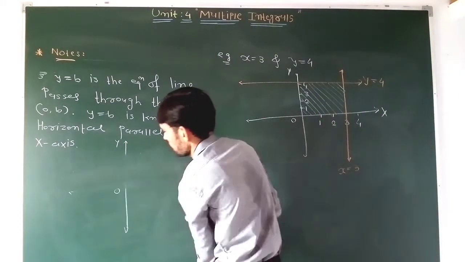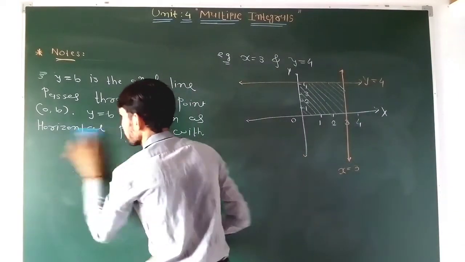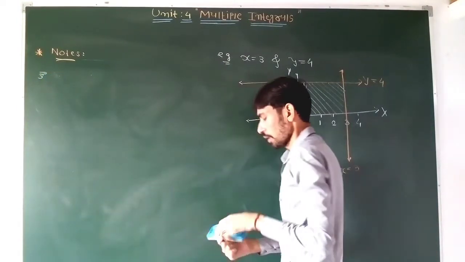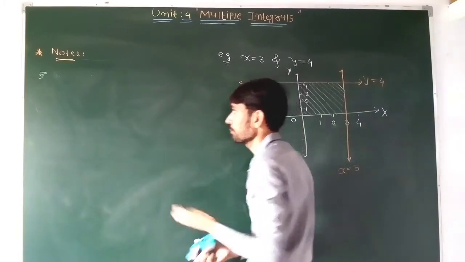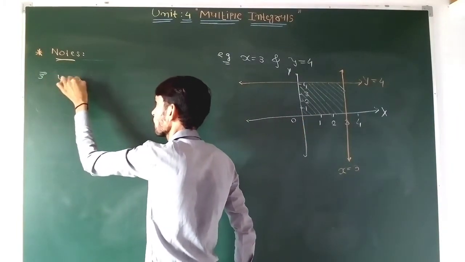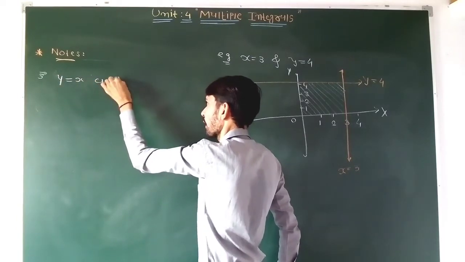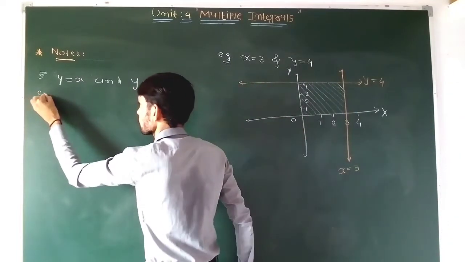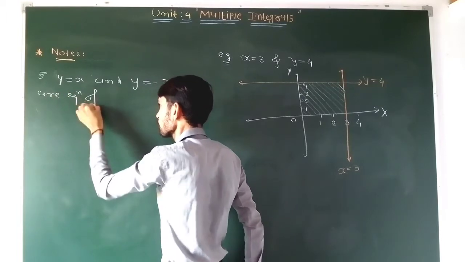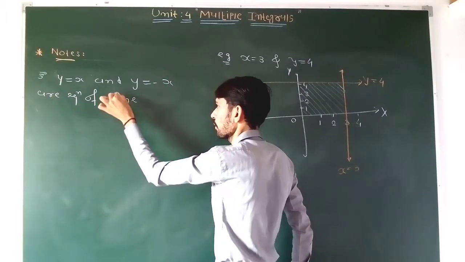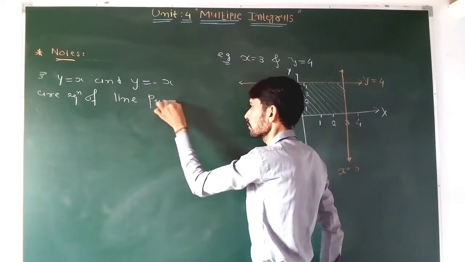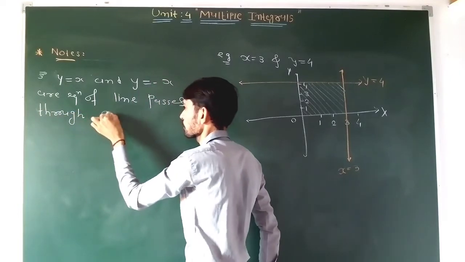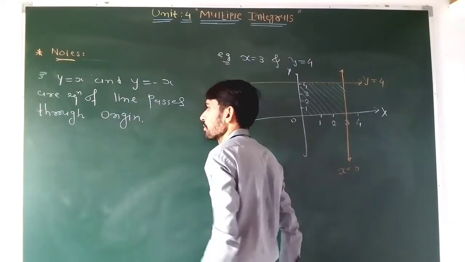Now we see the next note, another type of equation of lines. Y is equal to x and y is equal to minus x are equations of lines that pass through the origin.